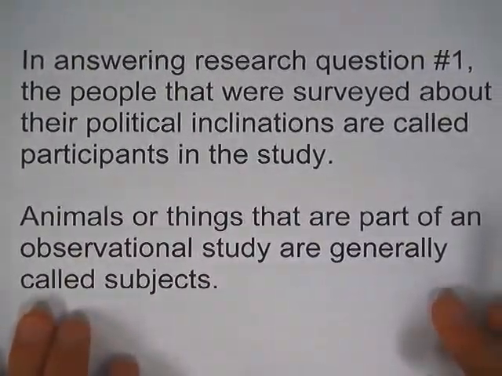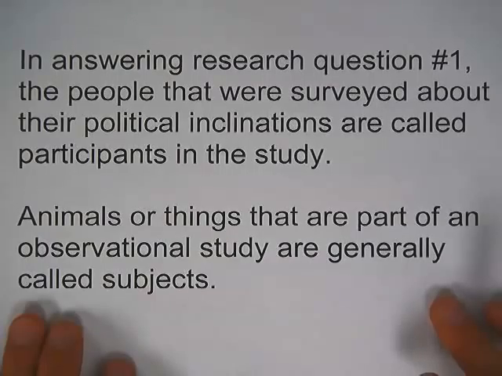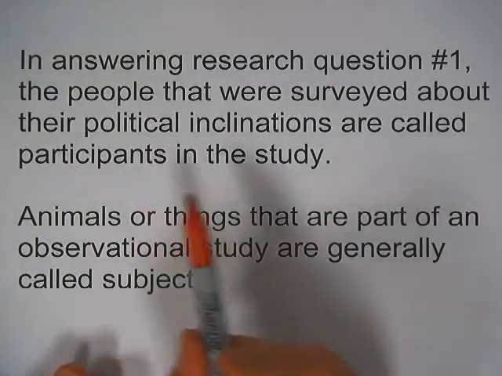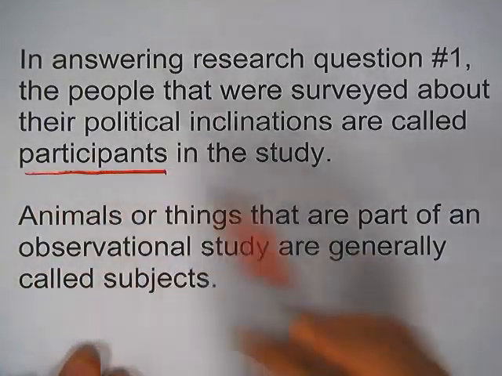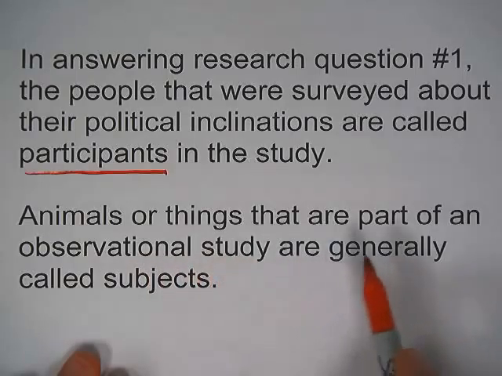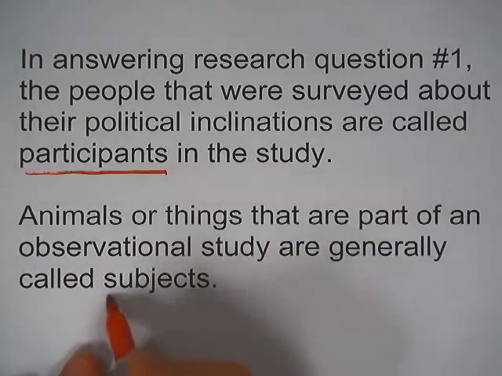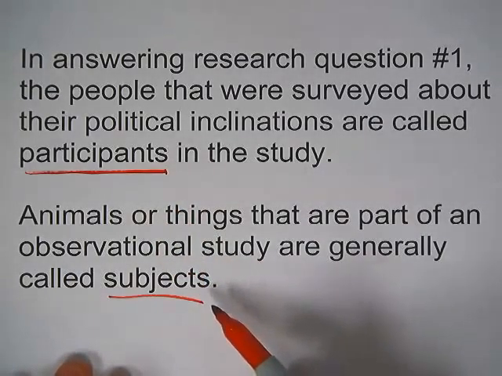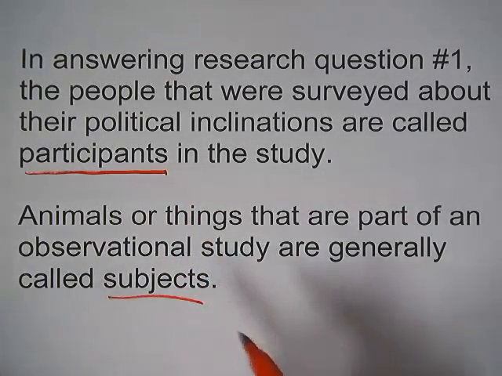When we were conducting our observational study to answer question 1, the people that were surveyed about their political inclinations were called the participants in the study. Whereas animals or things that are part of an observational study are generally called subjects. So if they're people, they're participants, and really anything else, we call them subjects.